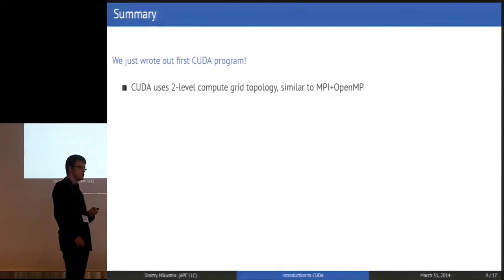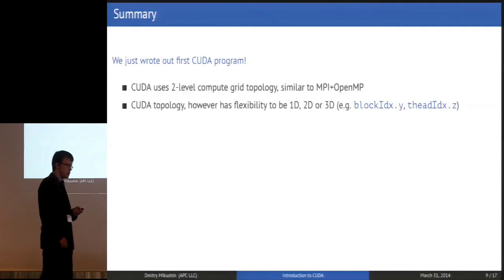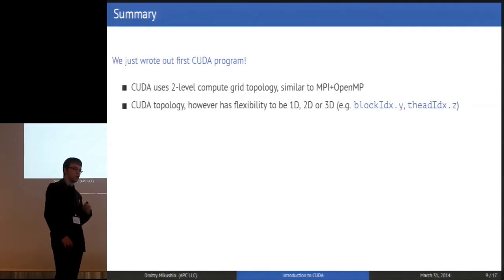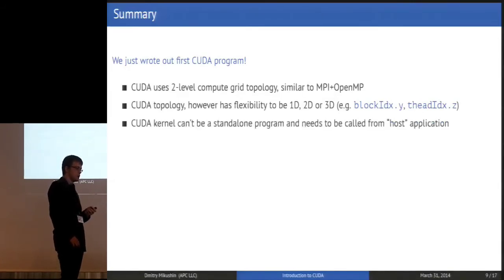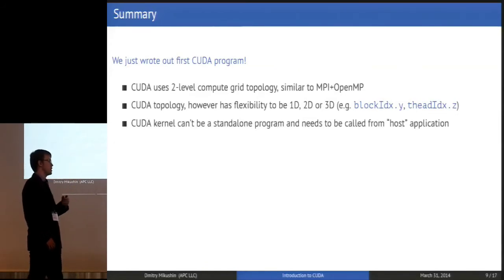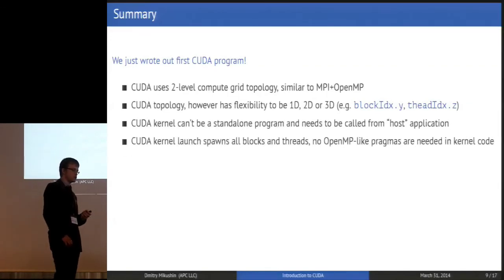As we see, CUDA uses a two-level compute grid topology similar to MPI plus OpenMP. CUDA topology, however, has the flexibility to be 1D, 2D, or 3D at your option. A CUDA kernel can't be a standalone program and needs a driver program, a host application, to be called from.